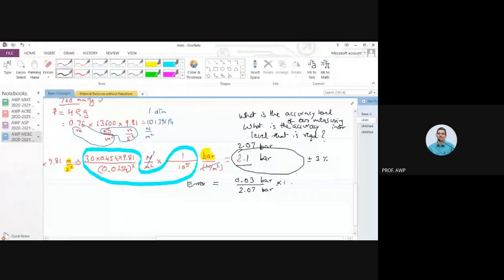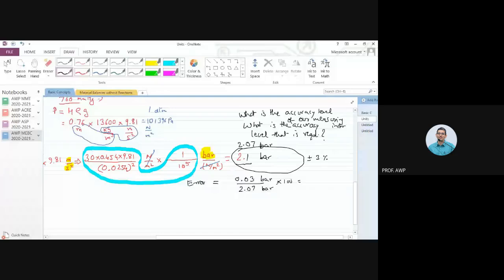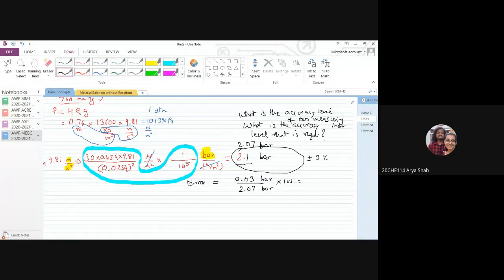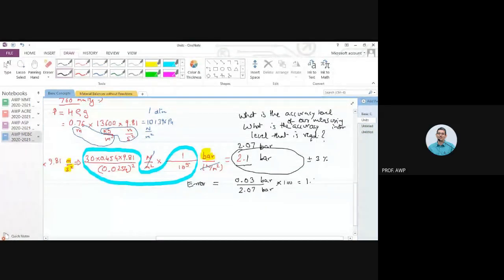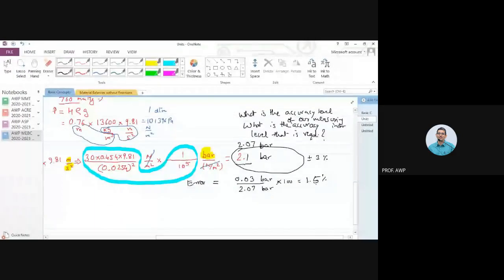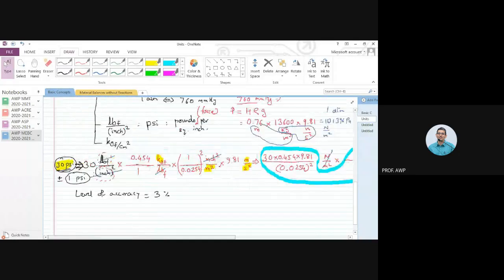So if you calculate, the error would be 0.03 divided by 2.07 into 100, about 1.45%. Let's just say 1.5%. So the quantity that we are measuring is accurate up to plus or minus 3%.